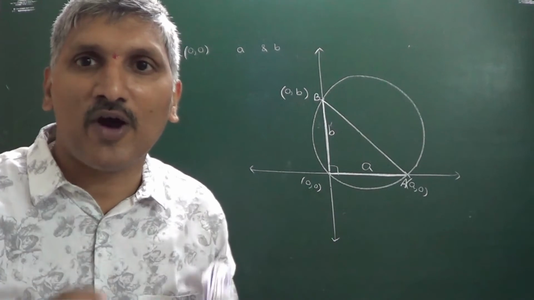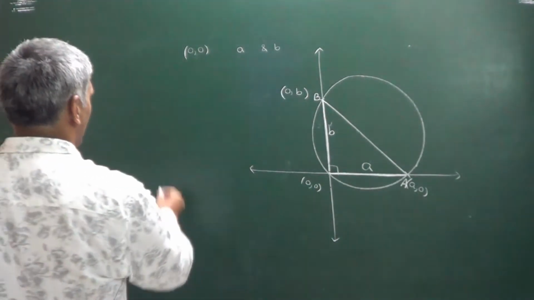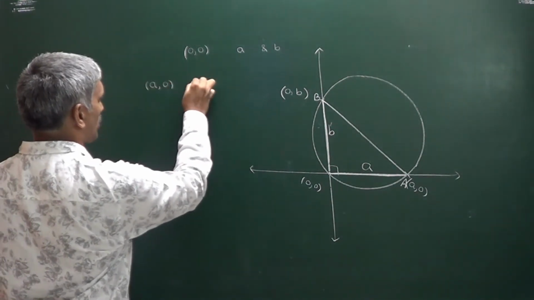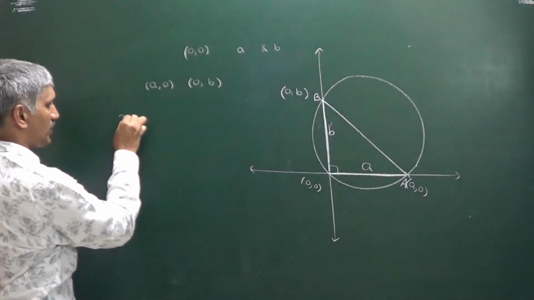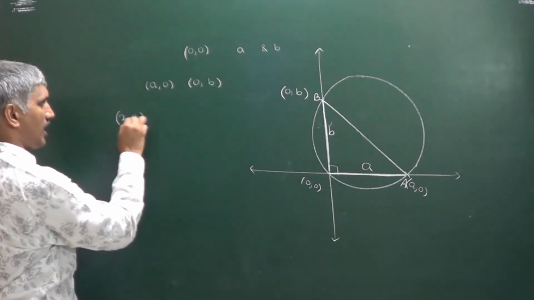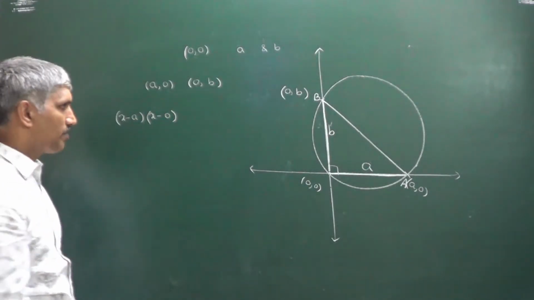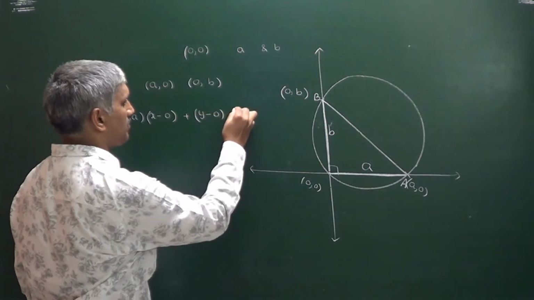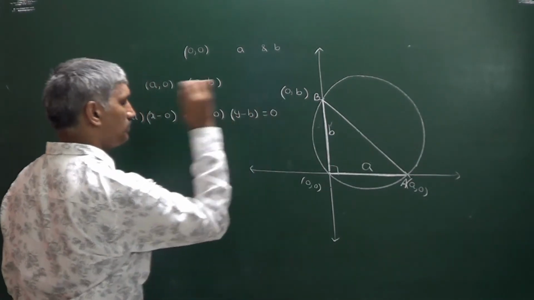If you know the end points of the diameter, how to find the equation of a circle? When (A, 0) and (0, B) are the end points of the diameter, the equation of the circle is (x minus x1)(x minus x2) plus (y minus y1)(y minus y2) equals 0.